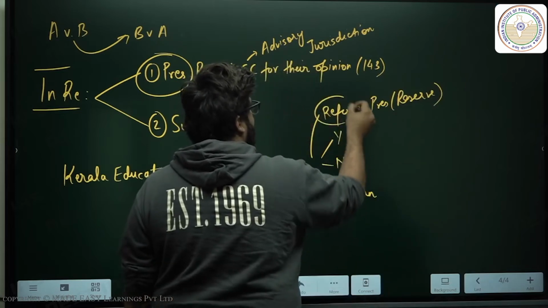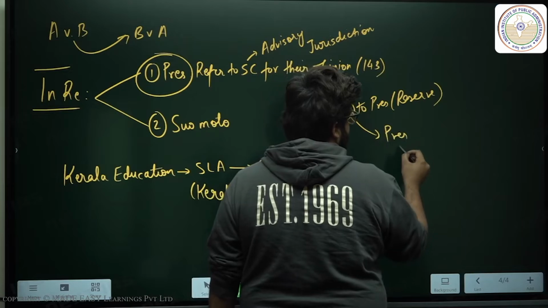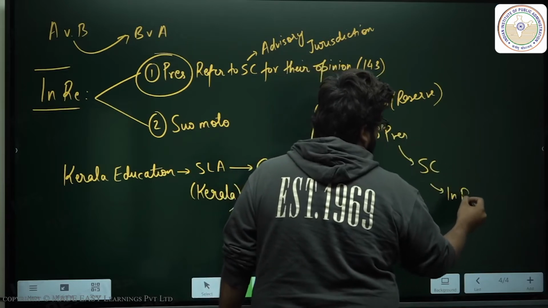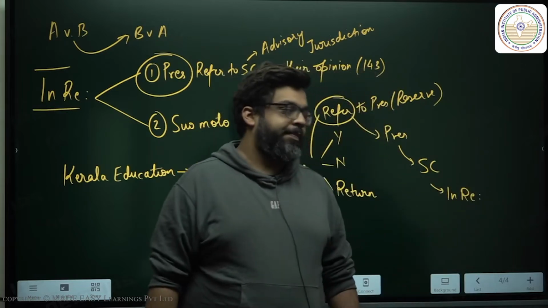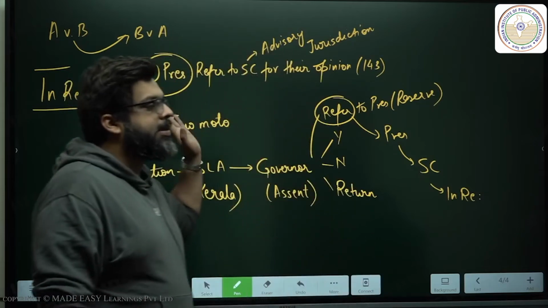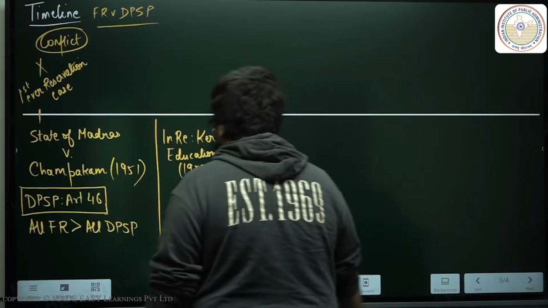And that's what the governor did. The bill was referred to the president, who referred it to the Supreme Court, and that is how the case in reference Kerala Education Bill happened. Okay? So this is how it happened. This is why it's called in reference the Kerala Education Bill.